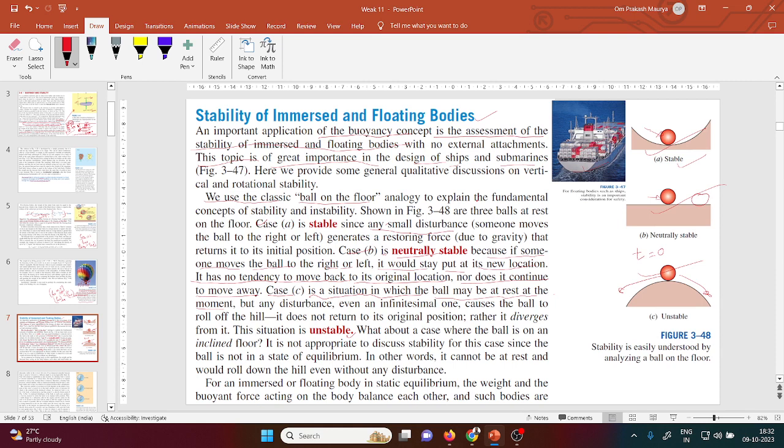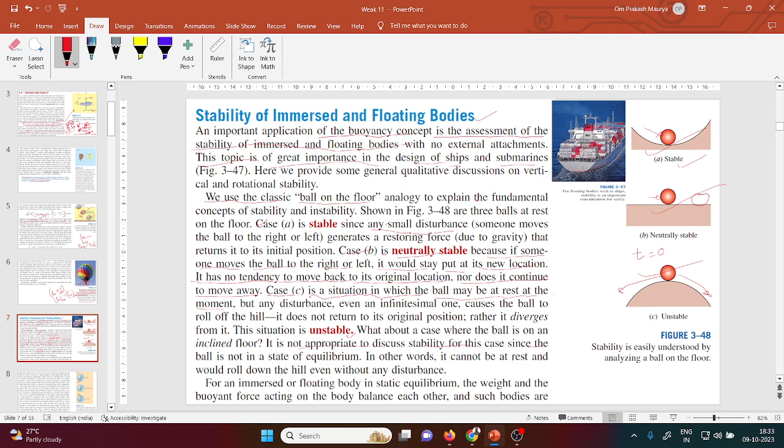Some questions were regarding what we discussed previously, the buoyant force, and in the next slide I have some concepts. That concept is very important from your exam point of view also. So it is not appropriate to discuss the stability for this case.